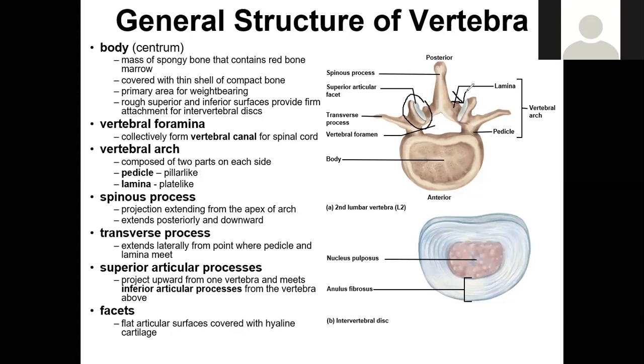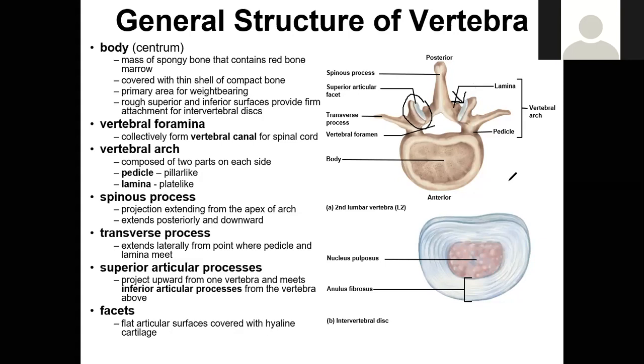All right. They're covered in cartilage and allow for movement. And that's what allows us to bend our back and rotate and extend our back, because of the way these bones articulate with each other. So these are some of the important structures that you guys are going to need to know about the vertebra itself.